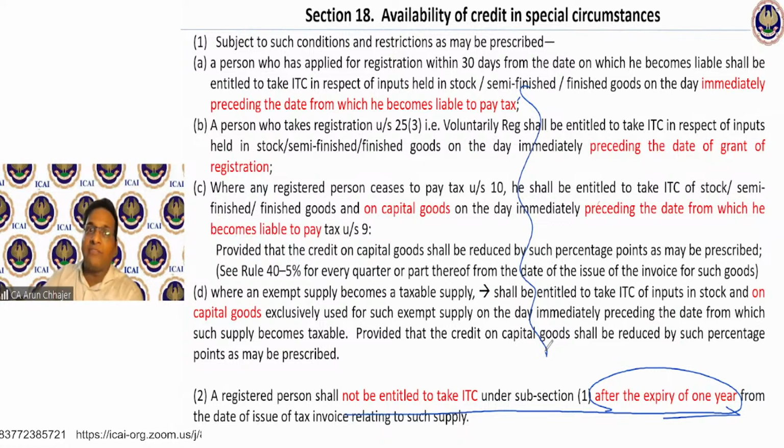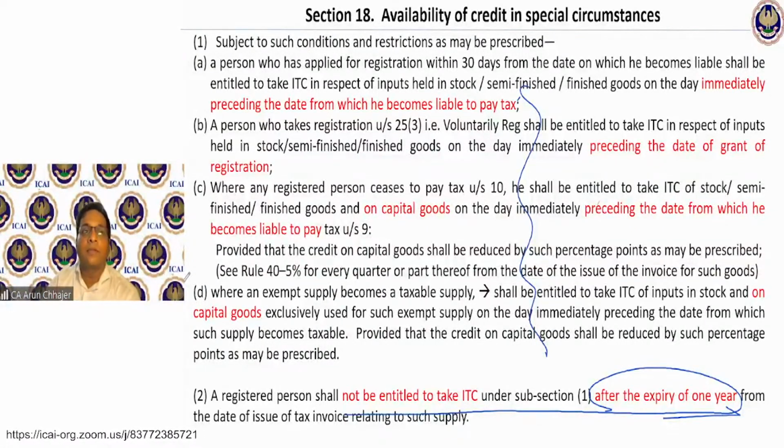If it is more than 1 year, suppose I have purchased the stock 3 years back, which is still in the stock, and now I am paying the tax, or my supply becomes taxable, or I have converted my number from composition to regular. 18.1 is giving the permission that you can take the ITC of the stock, but this stock should not be older than 1 year. It means if you have the tax invoice date prior to 1 year, then it will not be eligible as per 18.1.